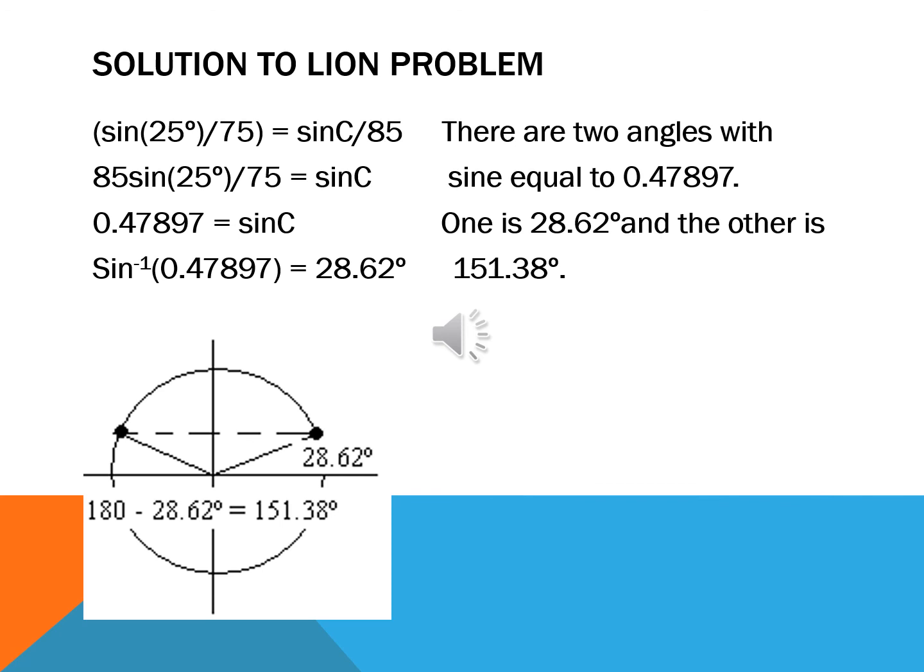It's possible that there's another triangle that involves the 25 degrees, the 75 length, and the 85 length, and that triangle has 151.38 degrees as its other angle. You can see both of these triangles if you go back to the original screen.